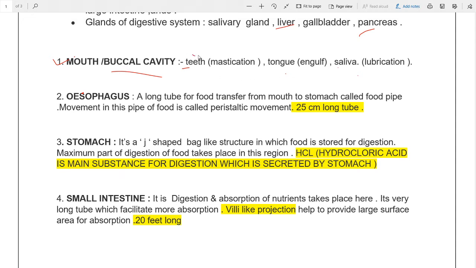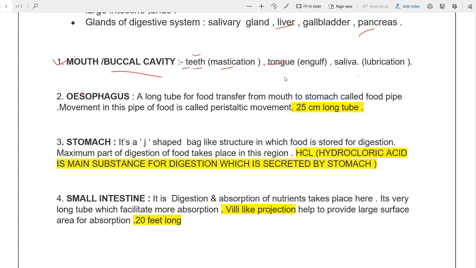First is the teeth, which we use for the mastication process. When we ingest food, we cut it into small pieces. This process is called mastication, and the teeth are very important for that.